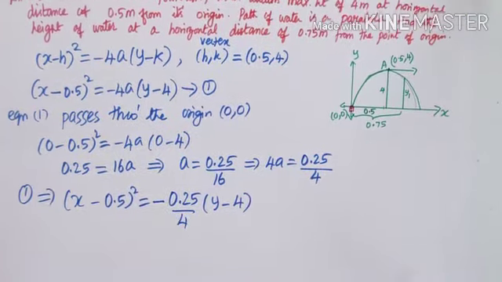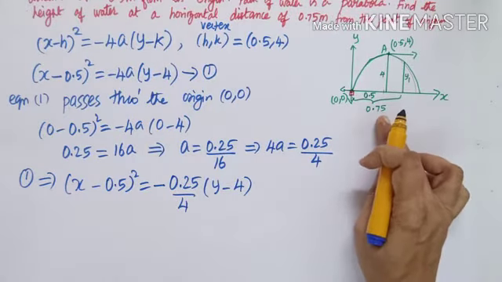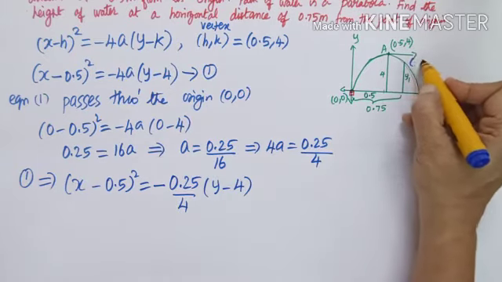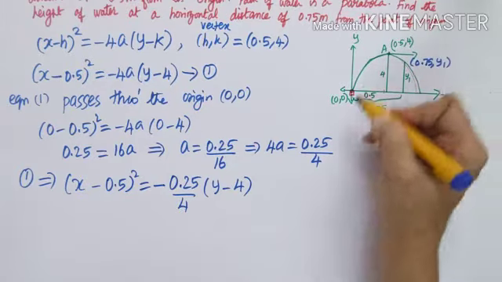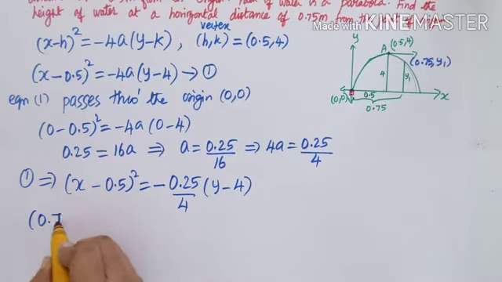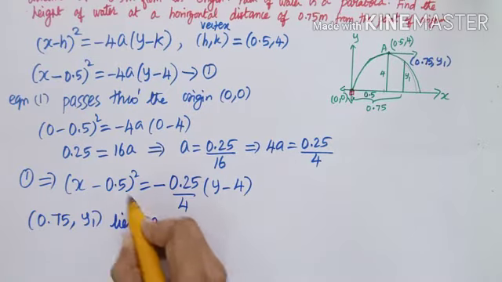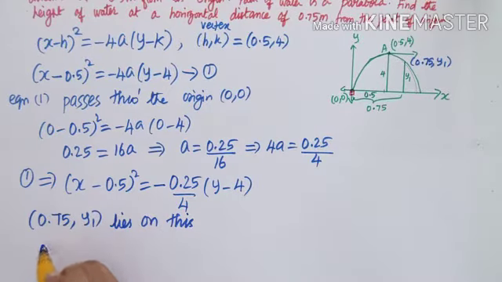Now what is actually the question? When x is 0.75, what is the height of it? Or I will say 0.75, y1 lies on this equation. So substitute. Wherever x is coming, put 0.75.